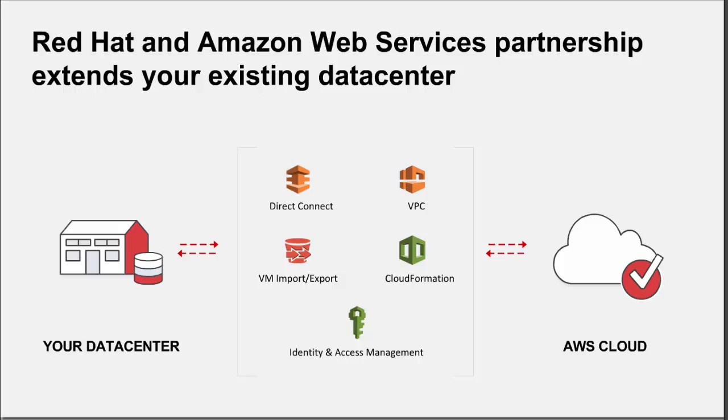Especially if you look at our deployment tools, for those familiar with Satellite or CloudForms, which is a hybrid cloud management framework, we are able to integrate the Amazon cloud with your data center.